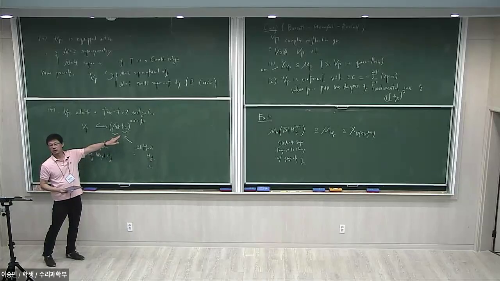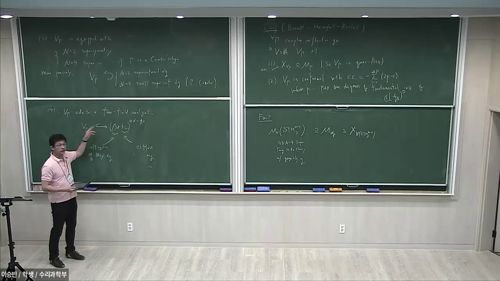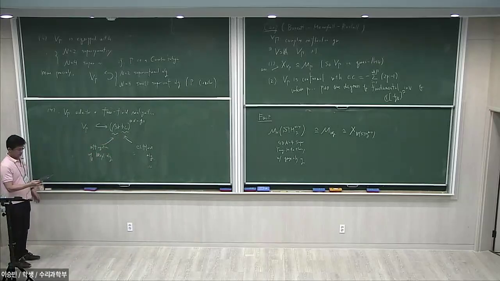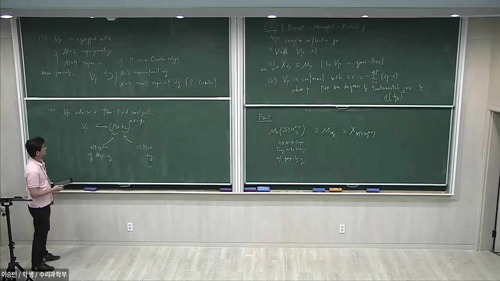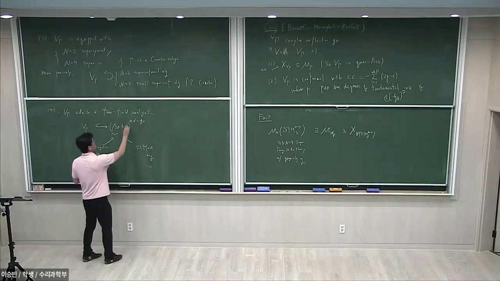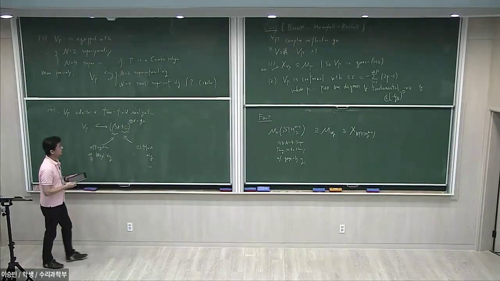So these are very easy, and V_Gamma embeds into this easy one. Is it the invariant under Gamma? No, this is just the tensor product.